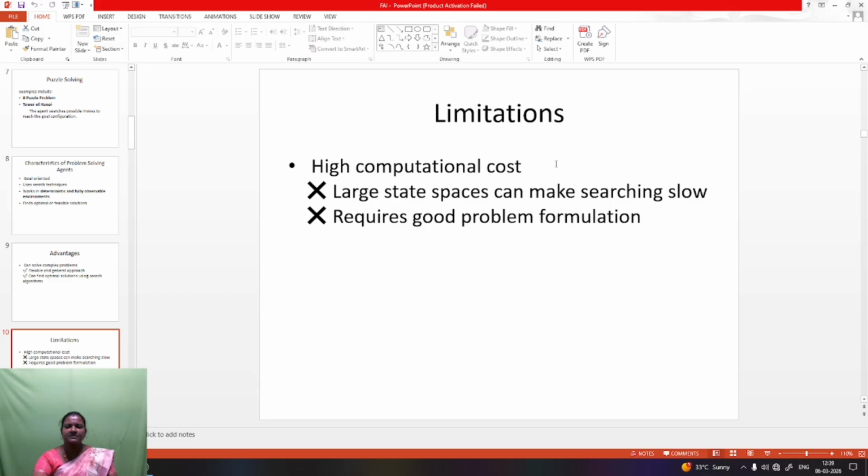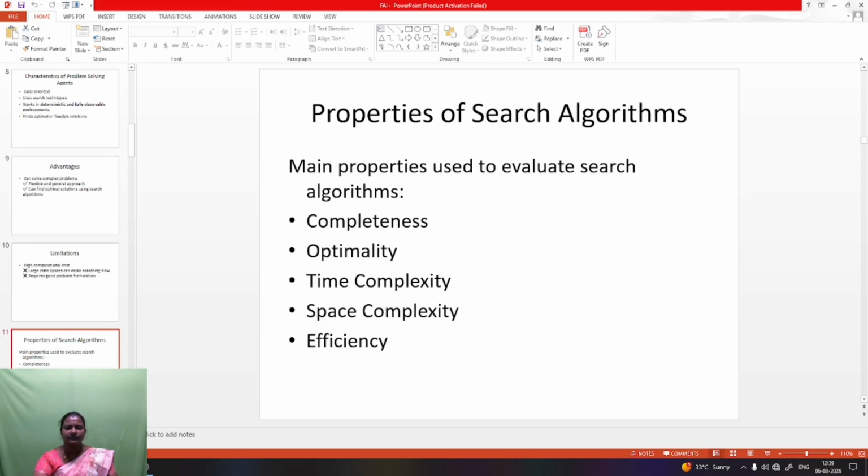Large state spaces can take more time to reach the goal. It requires good problem formulation. So finally, it is an expensive and time consuming process. It also uses a lot of memory.